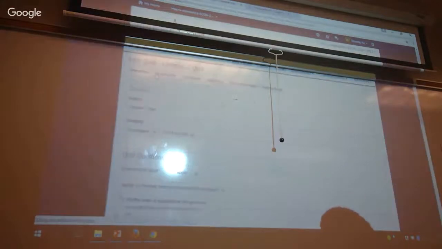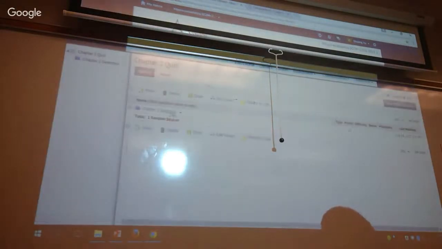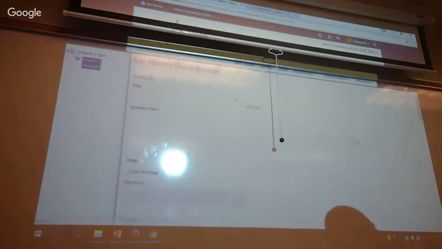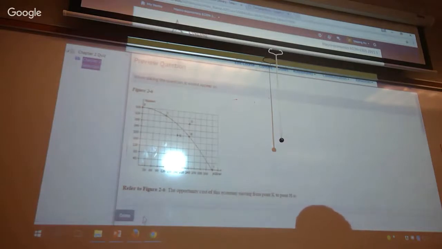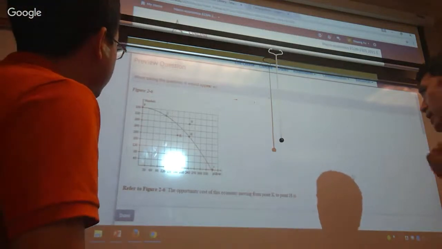Yeah, let's do chapter 2. Was it a graph question? Yeah. Is it something like this? Yeah, I chose the wrong one. Like the opportunity cost if you were just to switch from blankets to pillows. Like from K to 8.